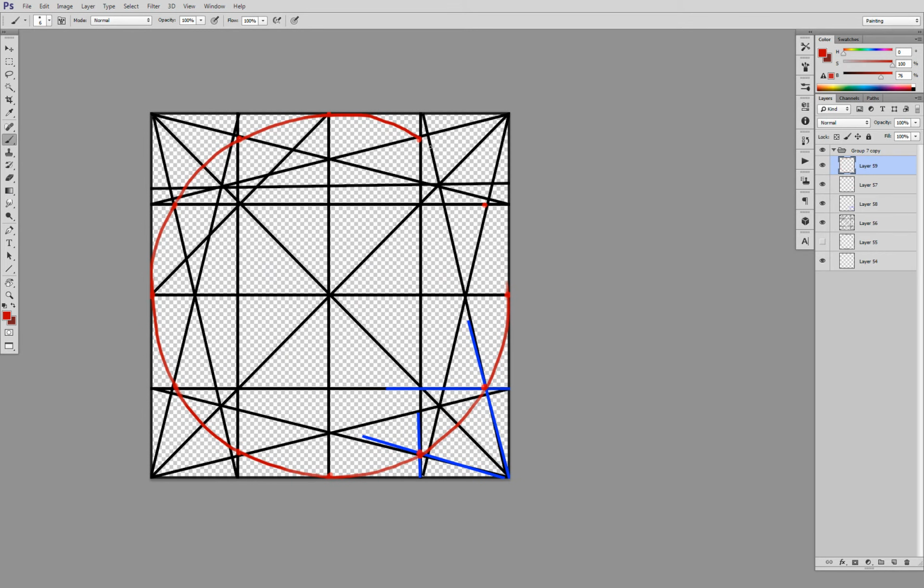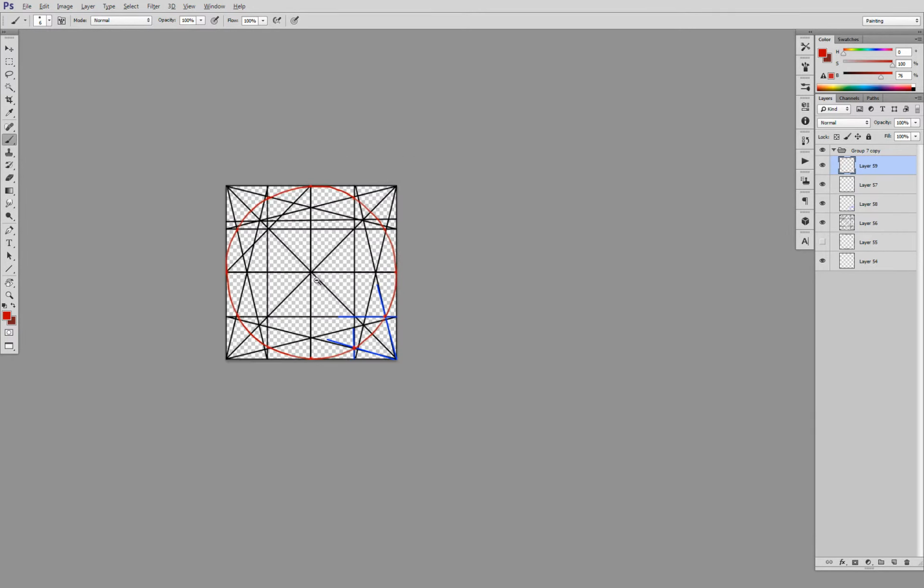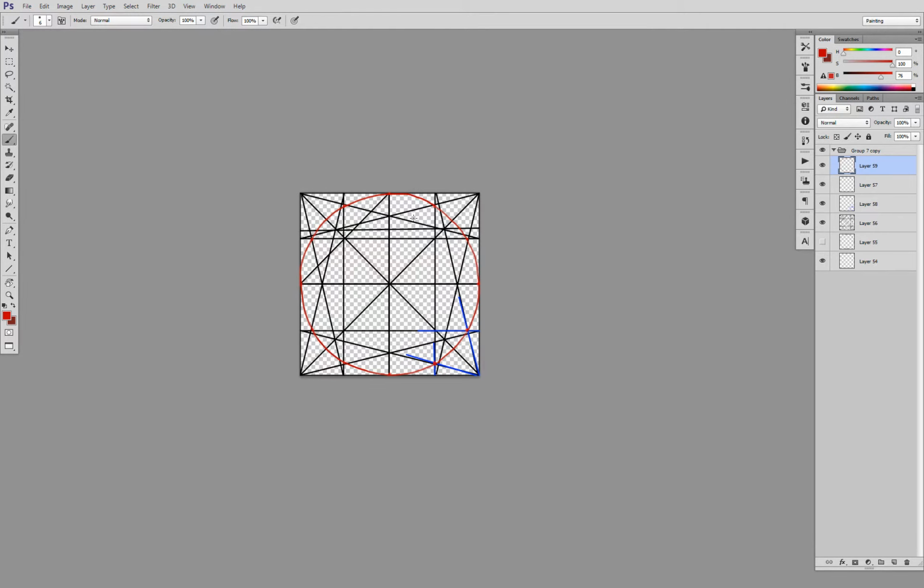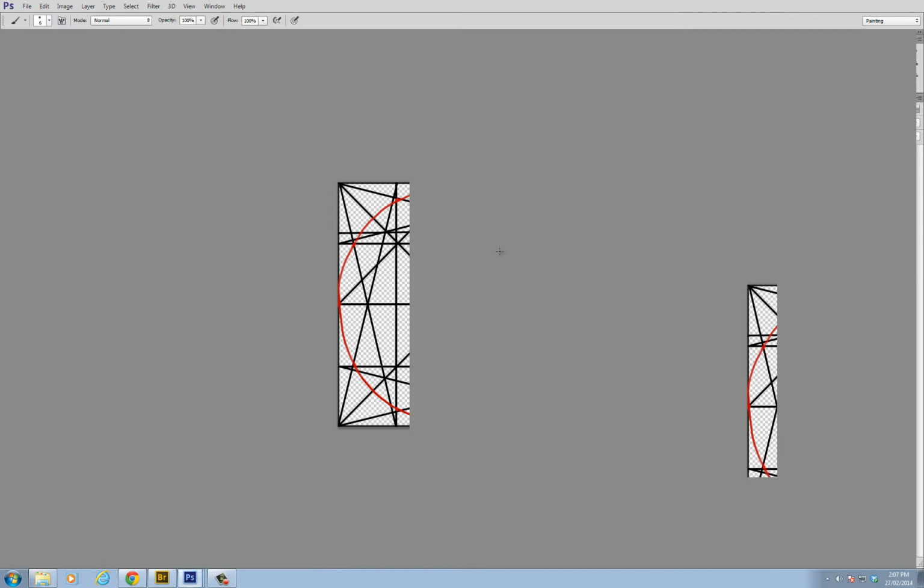And you see this is not the best circle. Photoshop is not good, Wacom tablets are not good for doing this kind of drawing, and I'm not the most expert person at doing it.